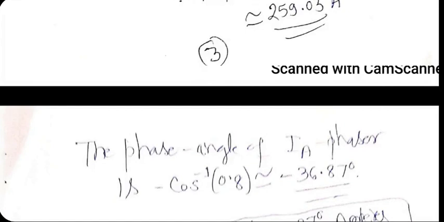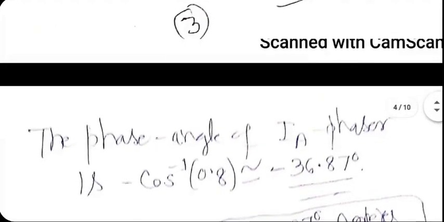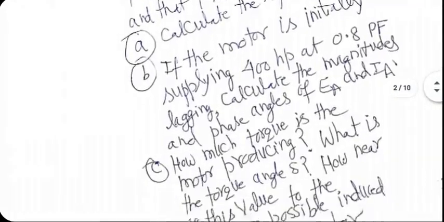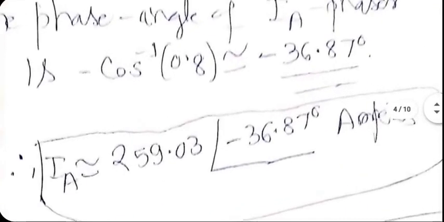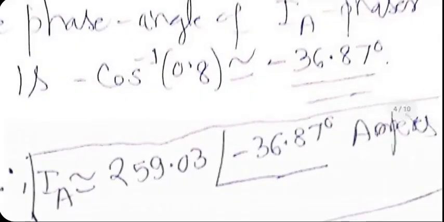Now the phase angle, obviously, you are operating at lagging power factor, so it will have to be a negative value. And cos inverse of 0.8 is what you need to do. So phase angle will be minus 36.87 degrees.